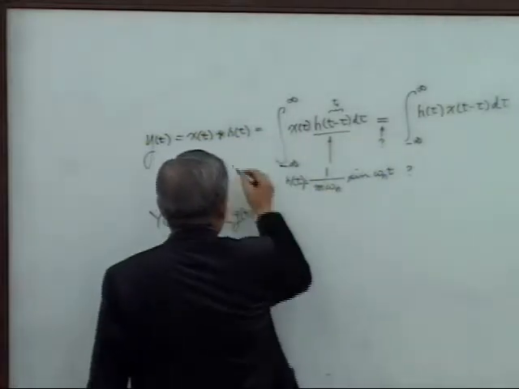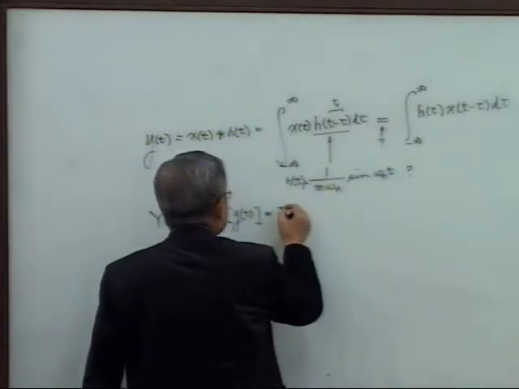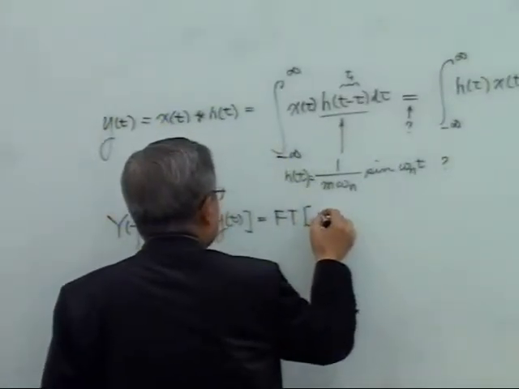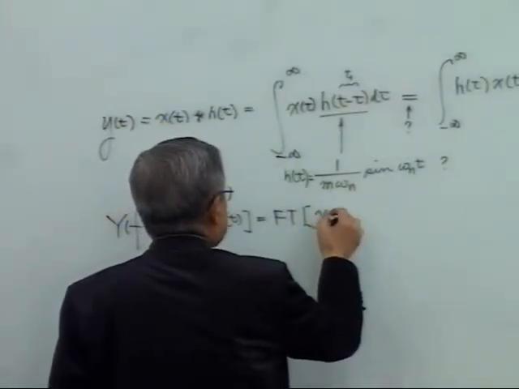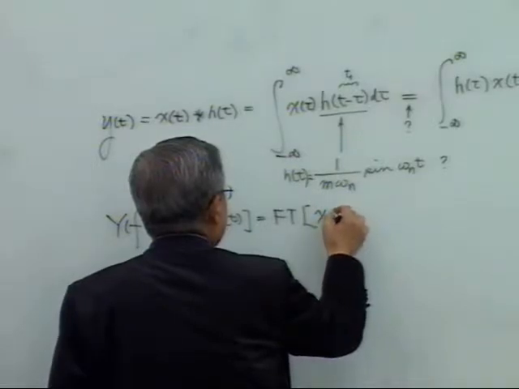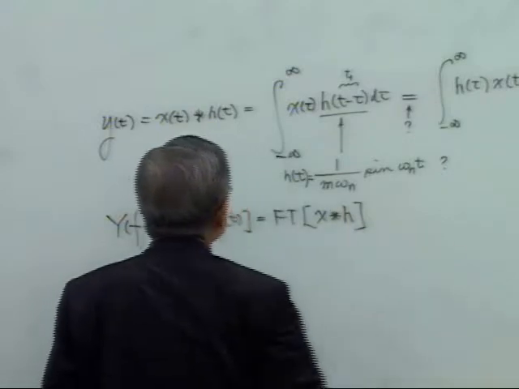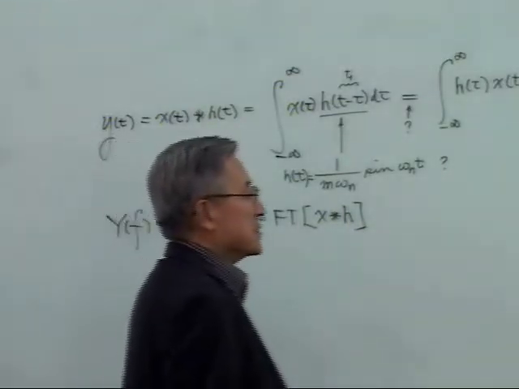And y is a convolution, so the Fourier transform of x convolved with H, right there.